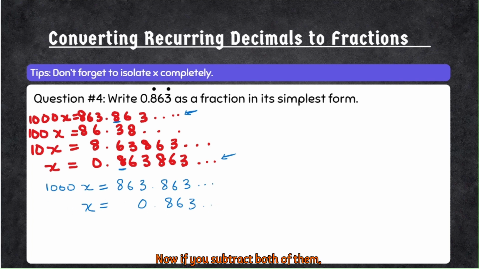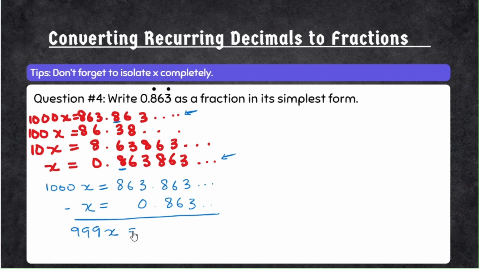Now if we subtract both of them, 1000x minus 1x is equal to 999x, and 863.863 minus 0.863 recurring is equal to 863, because the digits after the decimal point will subtract and become 0.